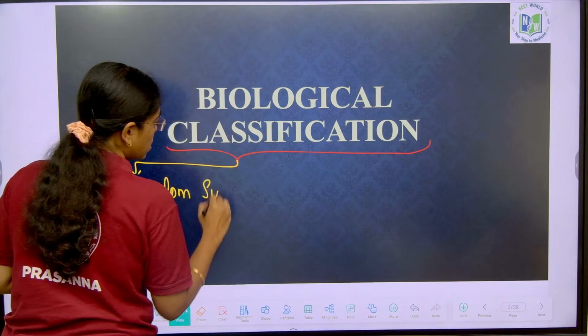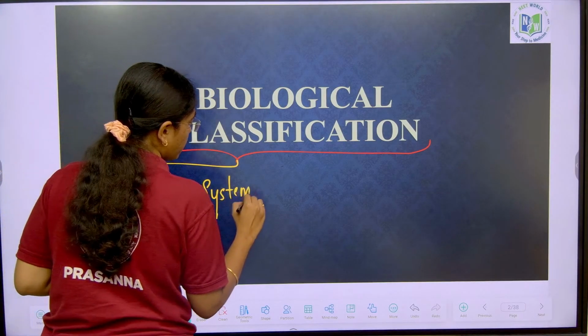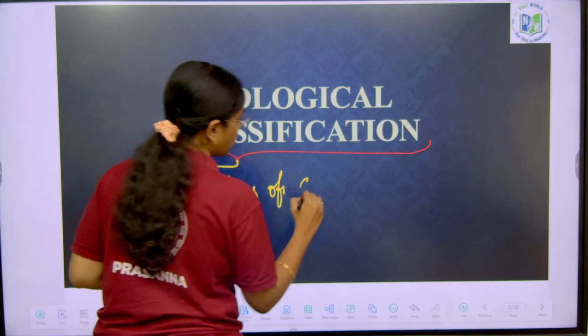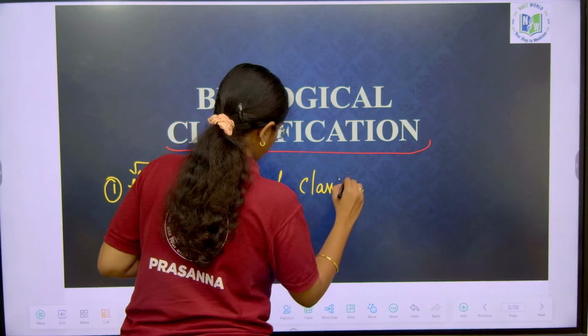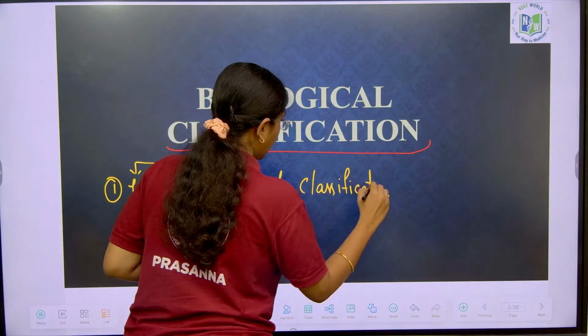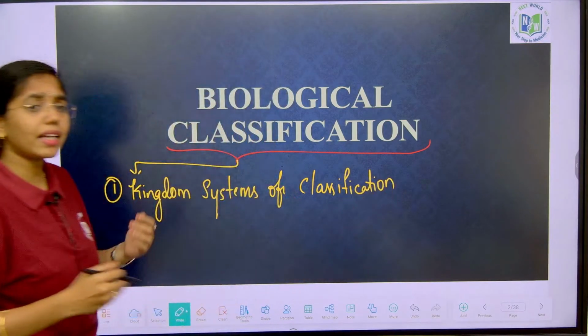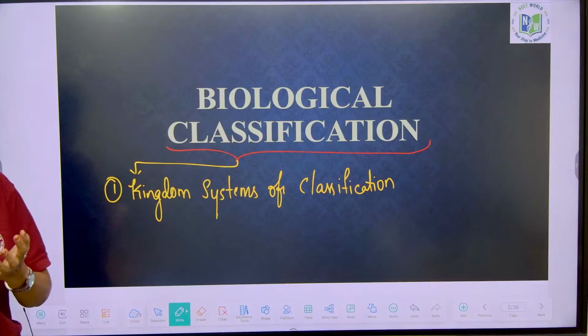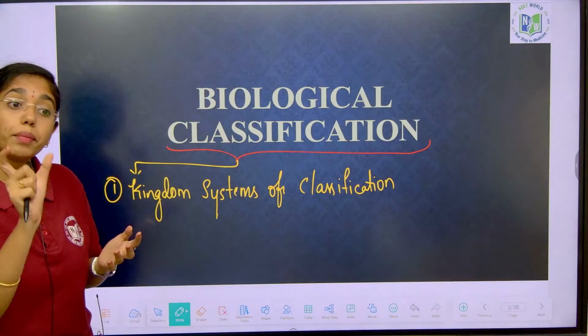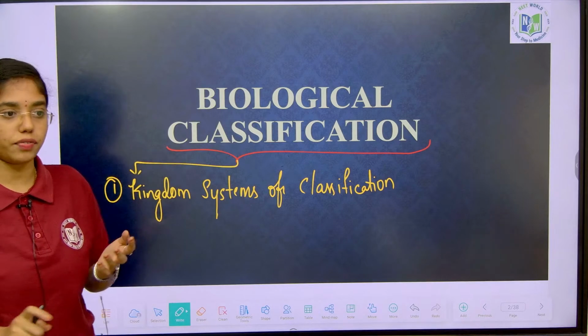Kingdom systems of classification, where we learn in detail the criteria considered for each system of classification, who proposed it, and what is the new kingdom introduced for each system.